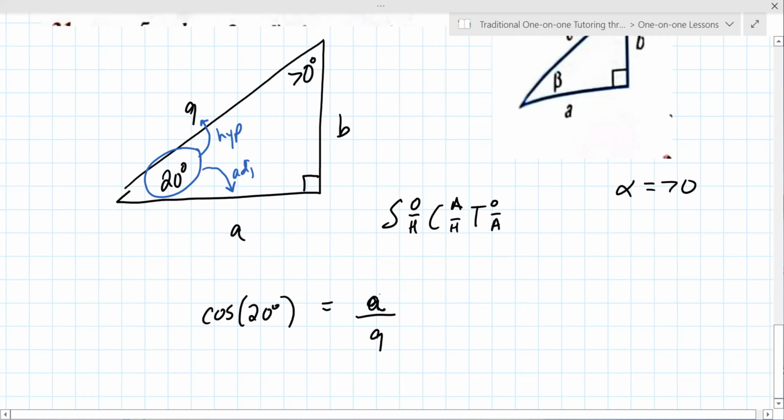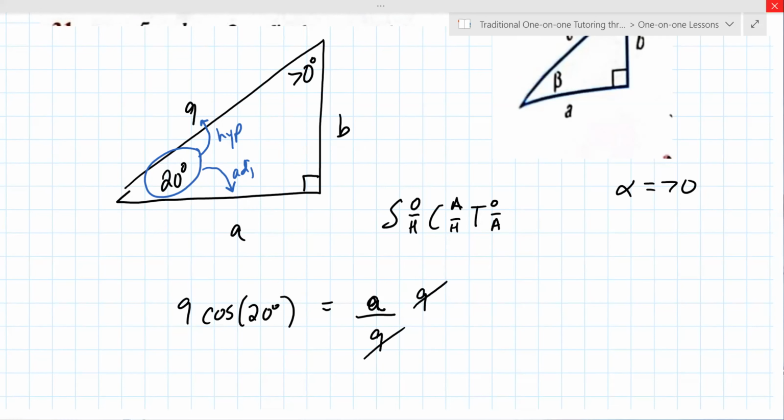Okay, so now you need to solve for A. How do you do that? You multiply by 9 on both sides. That's right. The 9s cancel. Go to your calculator and compute this value for us.